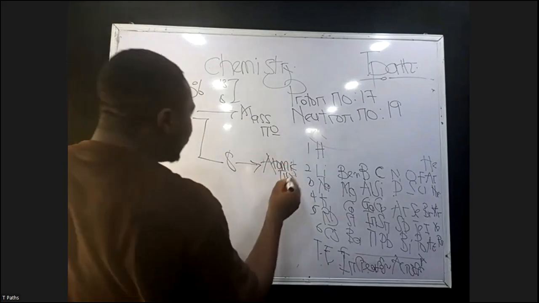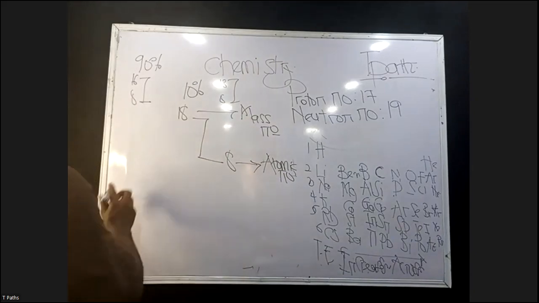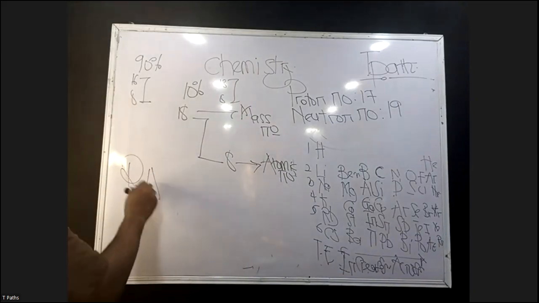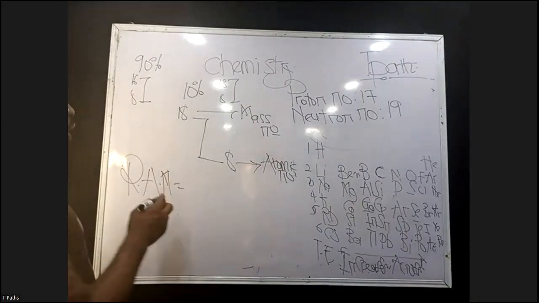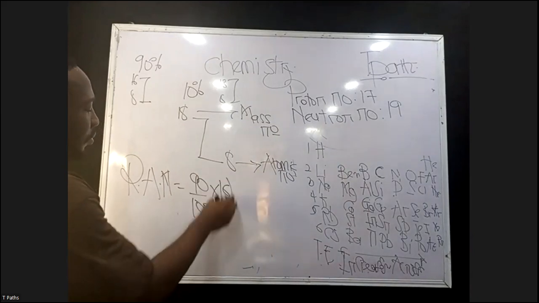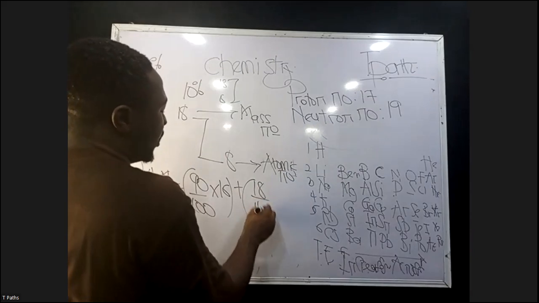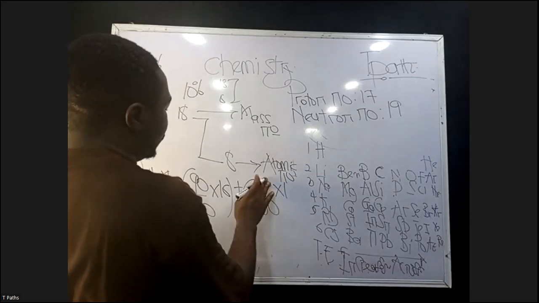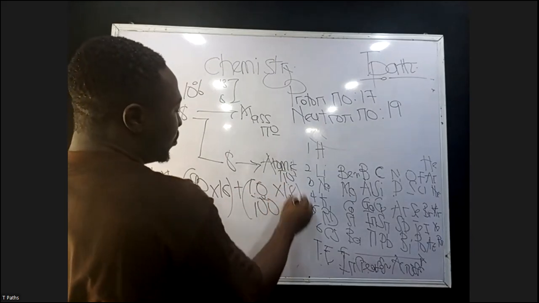You are asked what is the relative atomic mass. So the relative atomic mass, known as RAM, is equal to 90 over 100 times 16, plus 10 over 100 times 18.